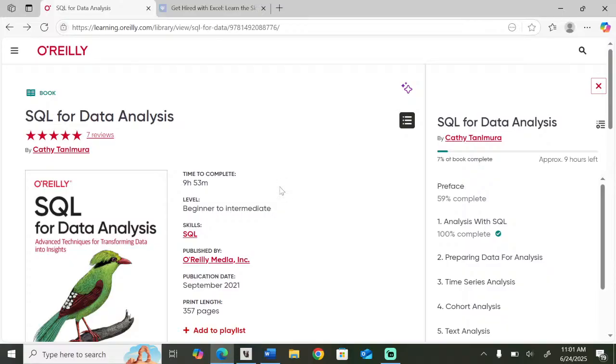We have our DBeaver ready, where we are going to write our queries. We have our whiteboard if we need something to write or to explain more about what we are going to do. We have approximately 9 hours left. As you can see, the book is very long.